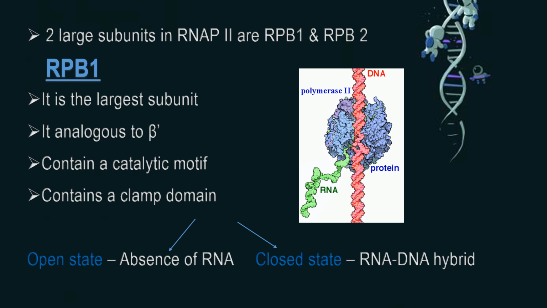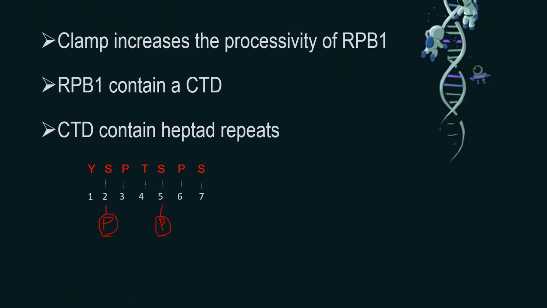It contains a catalytic motif and also a clamp domain that can assume an open state in the absence of RNA in the active site, or a closed conformation in the presence of an RNA-DNA hybrid. The clamp increases the processivity of RPB1.